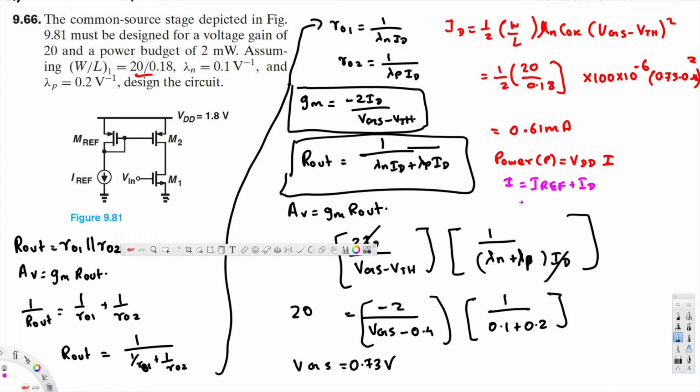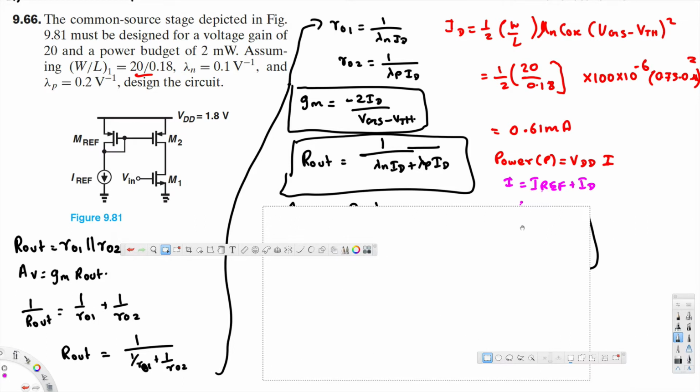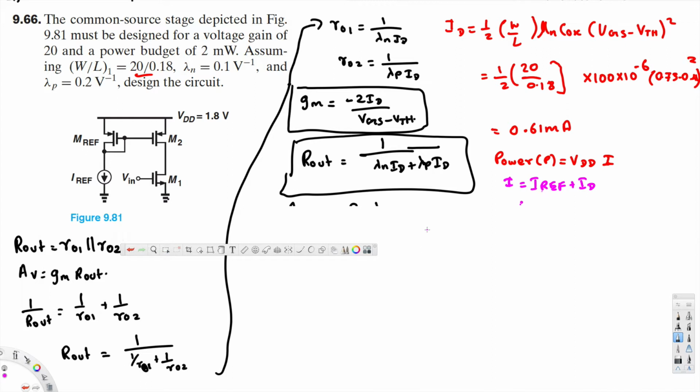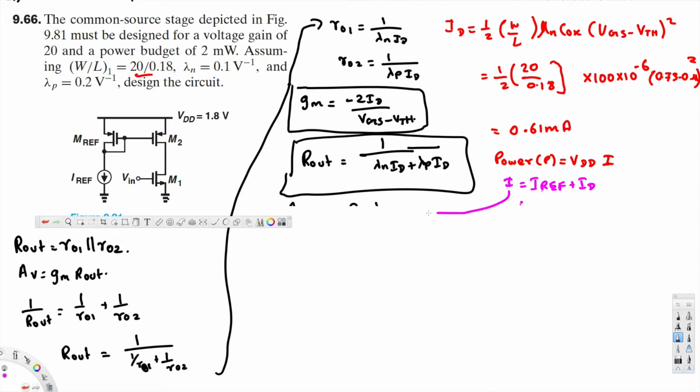Okay, now here we can solve for I ref. Let's plug all the values.